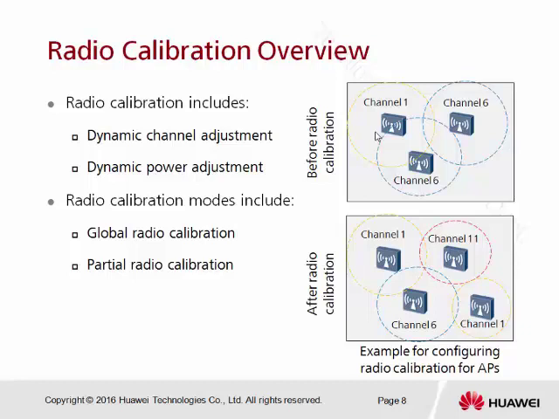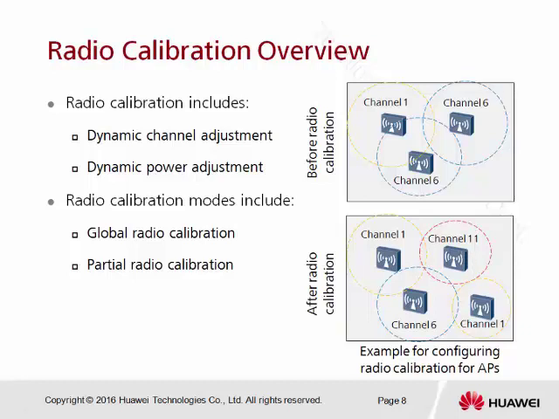Right now, the AP on the top right was previously using channel number 6, but after detecting the surroundings, there is another AP running channel number 1 and channel number 6. So they know it is not allowed to use channel number 6, because using channel number 6 would cause co-channel overlapping. That's why they decided to change the channel to 11. You can see the channel has now become 11.